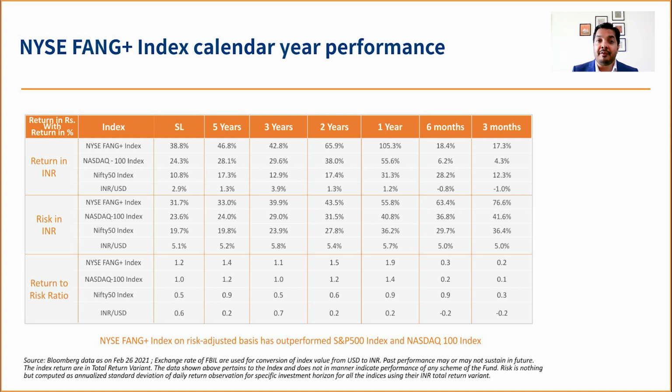But again, if you are looking at return to risk ratio, which tells you at how much risk, how much of return you are generating, we see that FANG Plus does comparatively well than Nasdaq 100 or Nifty 50 index.